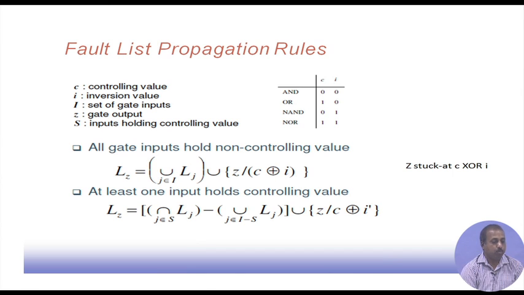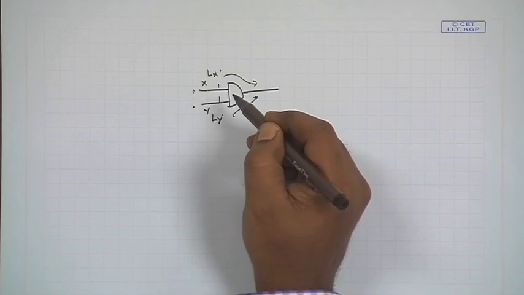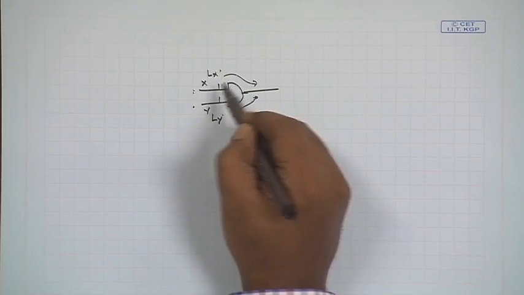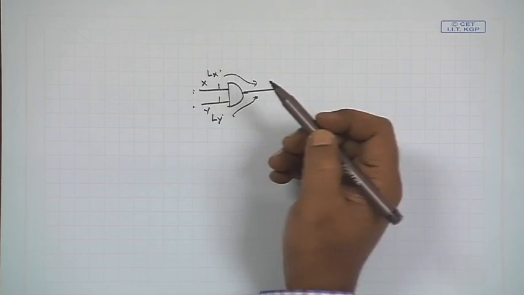And there is something more, which is Z stuck at C XOR I. This particular symbol is used for representing Z stuck at C XOR I. As I was taking the example of AND gate, assuming that both the inputs are 1, they are holding non controlling value.